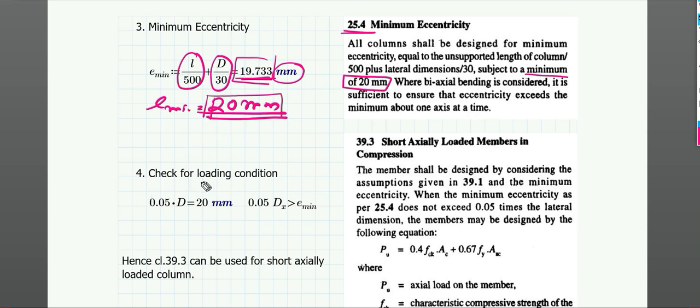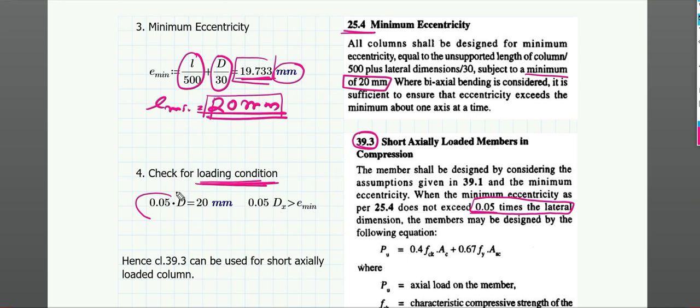Then check for loading condition, that is clause number 39.3. It has been mentioned that the minimum eccentricity should lie within 0.05 times of the lateral dimension.